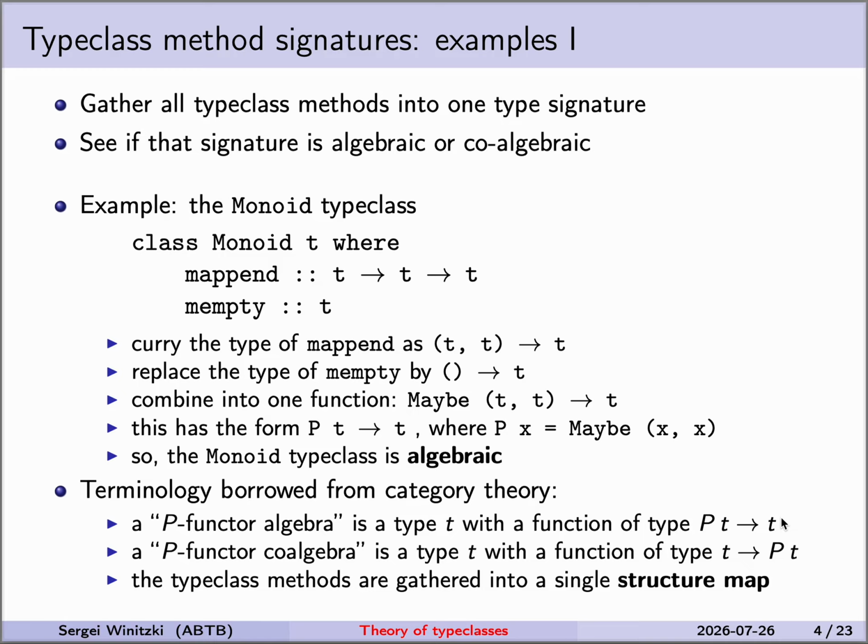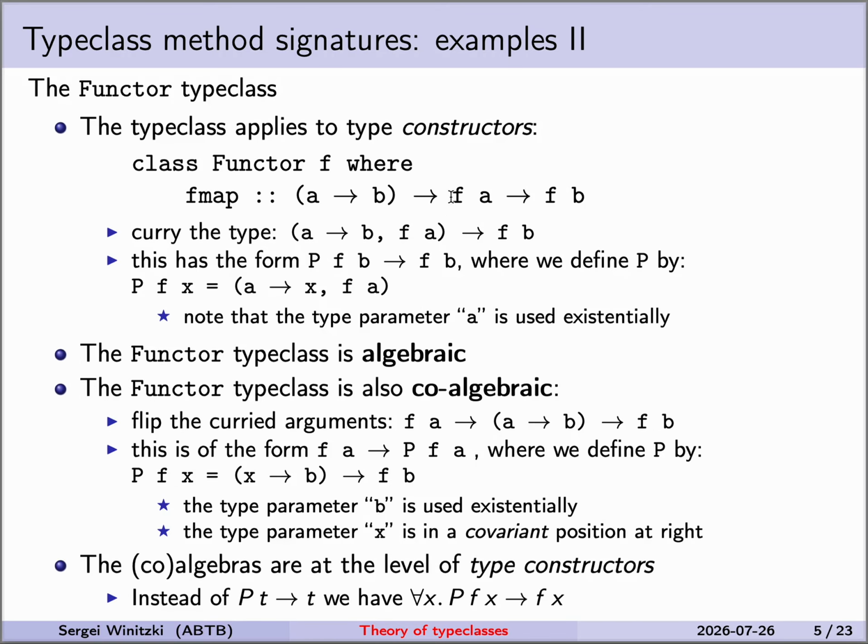We need to apply the type constructor to something, to some arbitrary type x, say. So instead of p t to t, we need to write something like p t x to t x. And here f is the type constructor that we're looking at, so we need to write something like p f b to f b, like I was writing here, where b is a type parameter, so b is an arbitrary type.